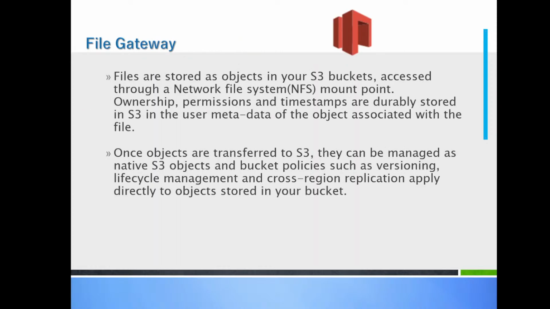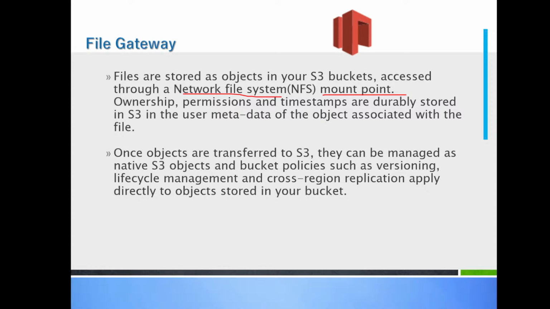Now coming to the file gateway. What is a file gateway? In a file gateway, the files are stored as objects in your S3 bucket and accessed through a network file system mount point. So what is a mount point in general?